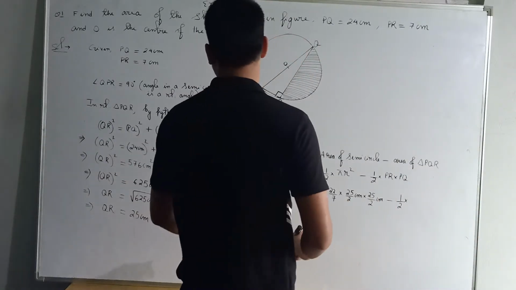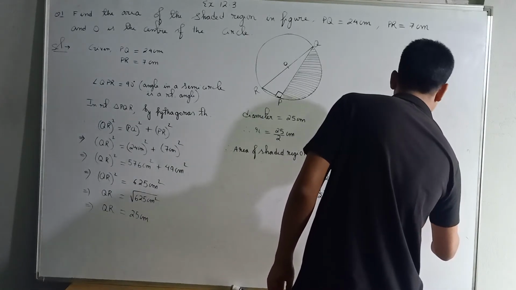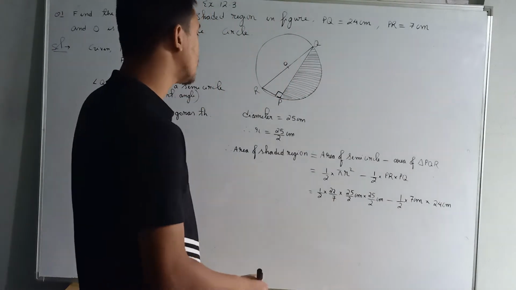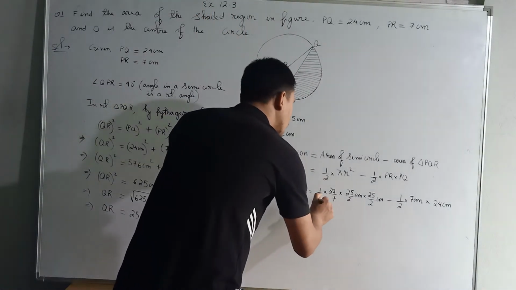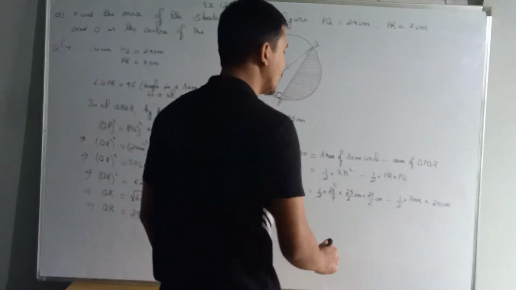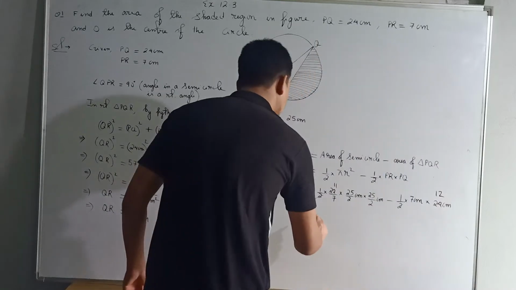Your PR is 7 centimeter and your PQ is 24 centimeter. We can cut out some terms here. 2 11 times is 22, okay, and here 2 12 times is 24.